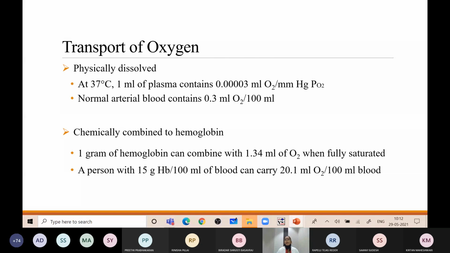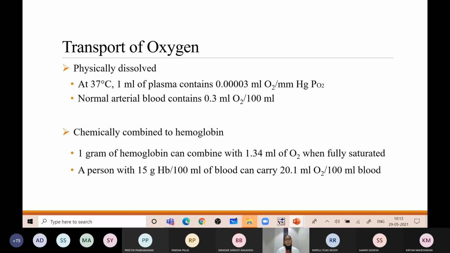In case of combining with hemoglobin, 1 gram of hemoglobin can combine with 1.34 ml of oxygen when fully saturated.